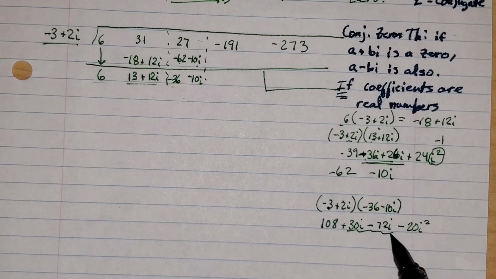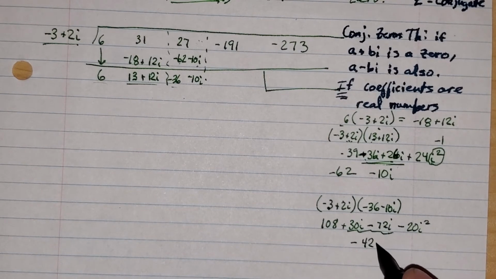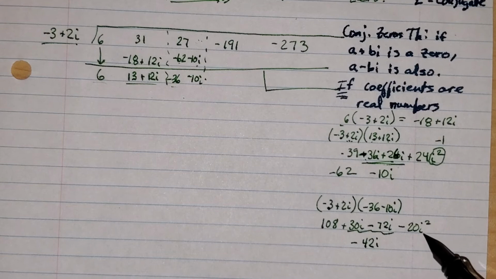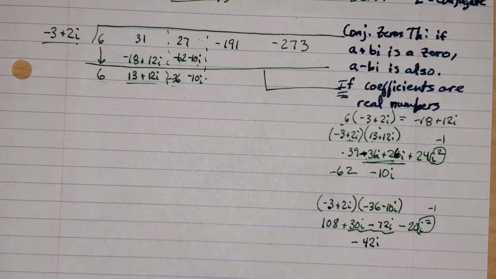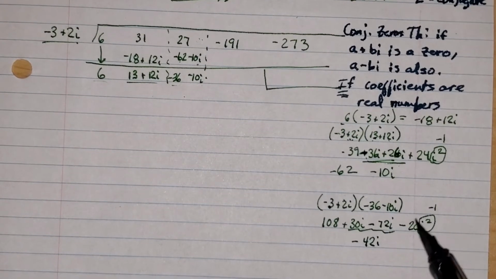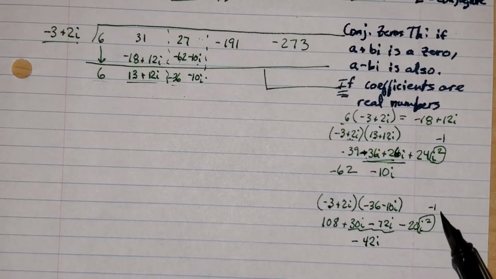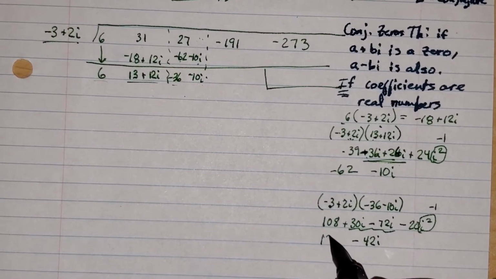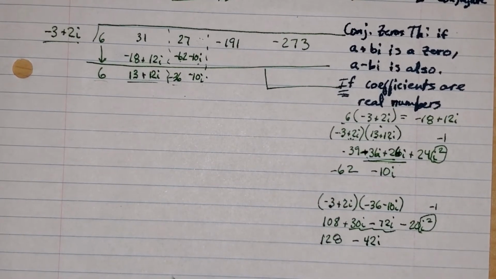Okay, so combine these, right? You've got 72, and you're taking 30 from that, and you'll get negative 42i. And remember, i squared is negative 1, so negative 20 times negative 1 is plus 20, so this will be 128 minus 42i.